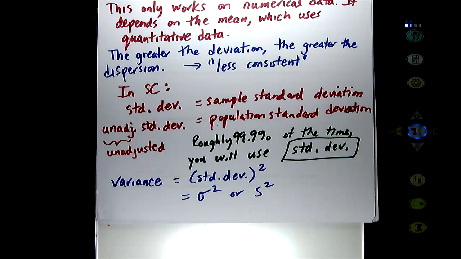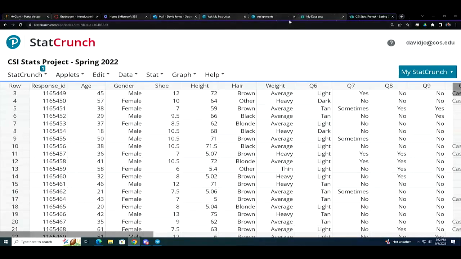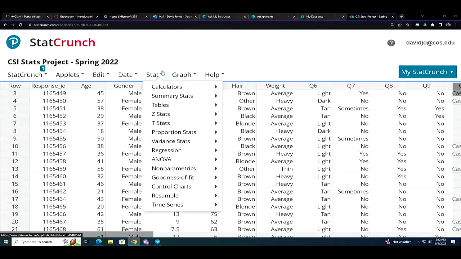You guys ready to see it in StatCrunch? So I got my data right here. This is the table we've been using for everything.